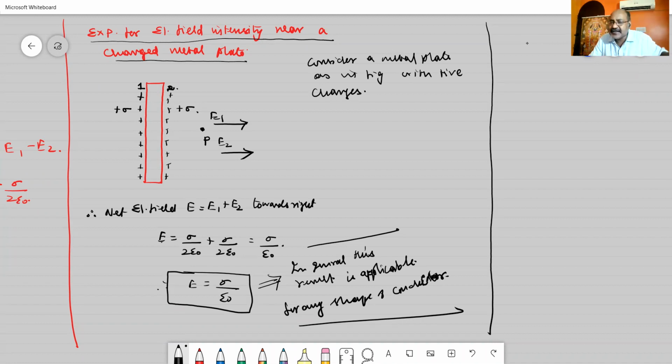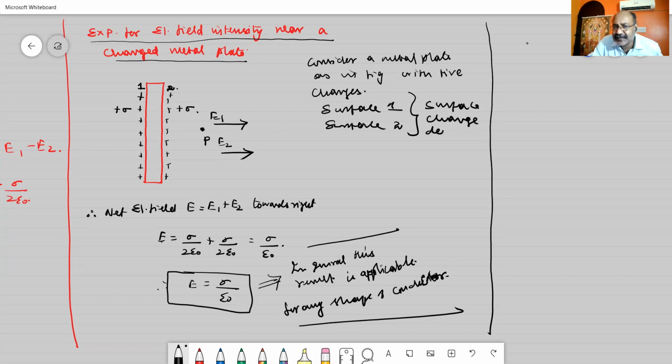When you are giving the positive charges, the metal plate is said to have two surfaces. One is taken to be surface 1 and another one is considered to be surface 2. In both surfaces, the surface charge density is taken to be plus sigma.